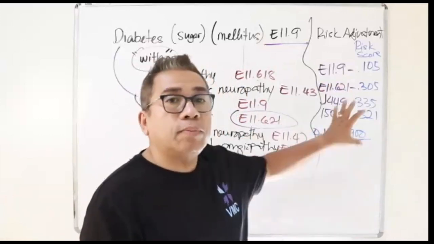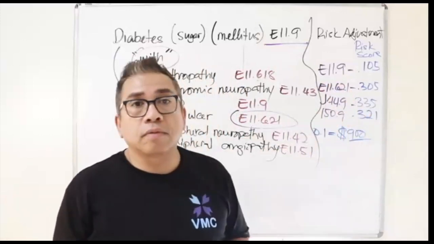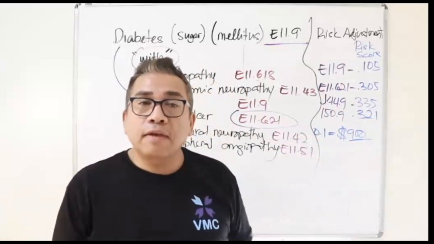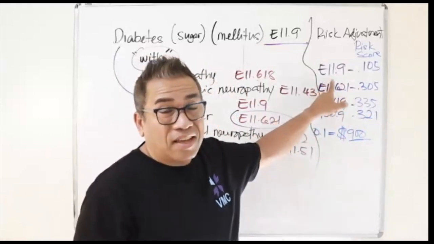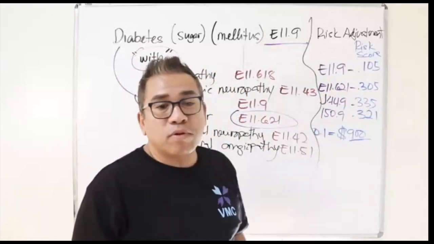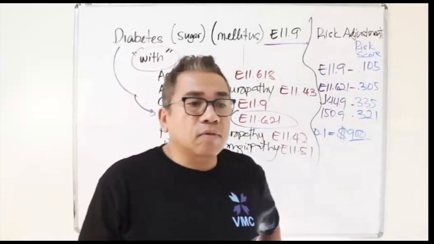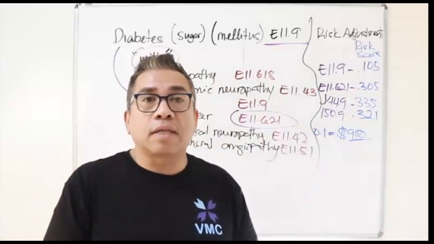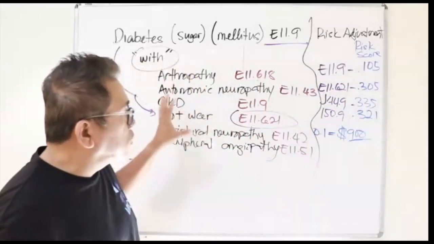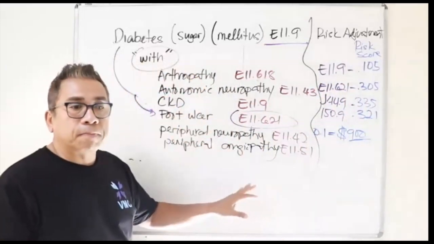You have already reported the condition. Imagine if the coder does not know this, guys, how much reimbursement that doctor is losing if the coder is not knowledgeable about these coding guidelines.